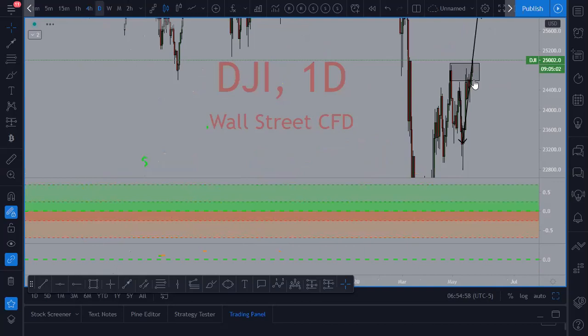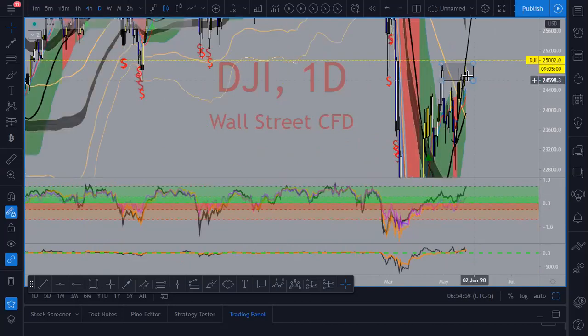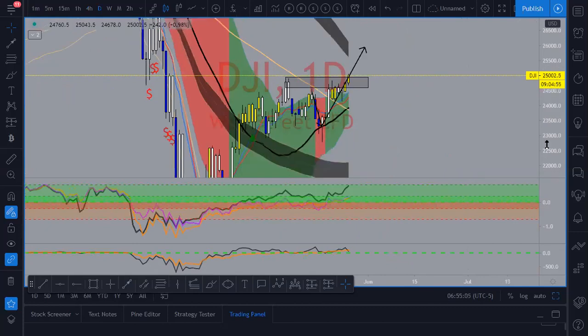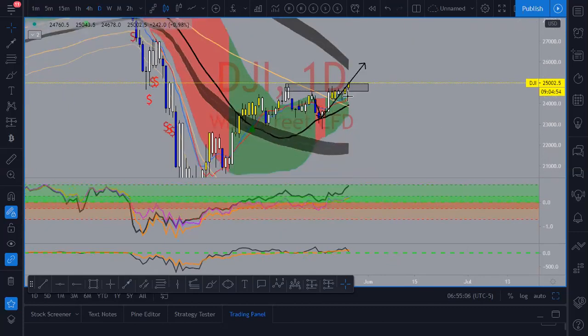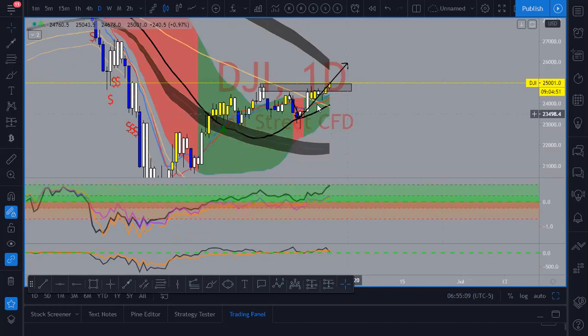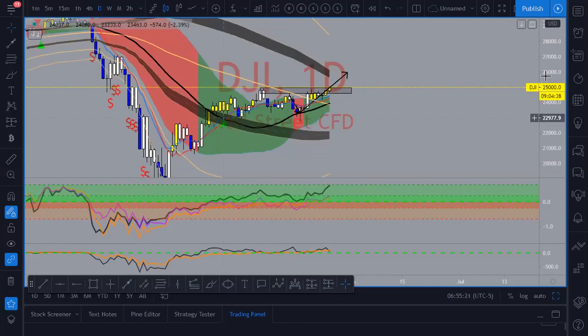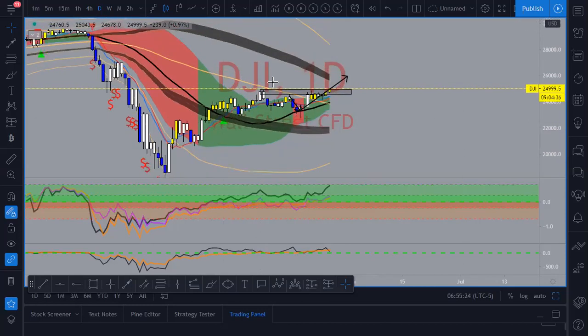Daily time frame is obviously showing for a buy, and it's still looking very strong. So I'm not really interested in trying to buy up here, but I'm also not interested in trying to sell up here either. I want to see what price does, but I want to see some type of trend change over here.